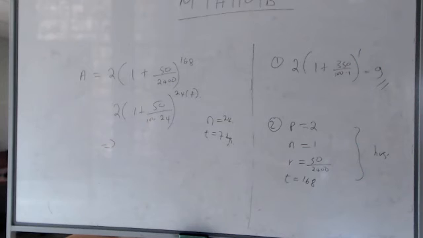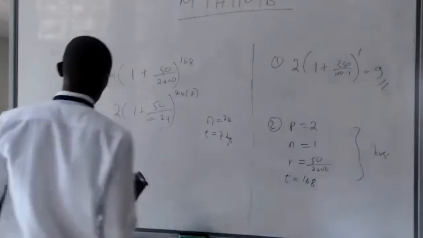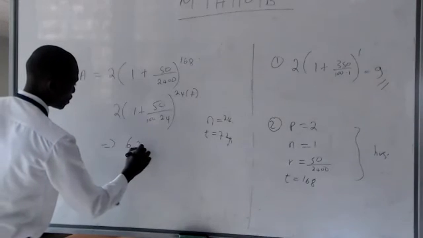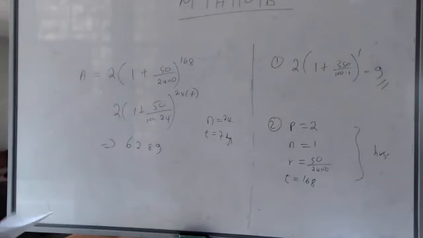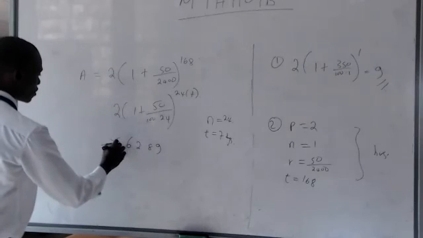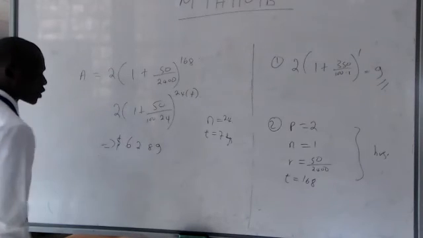Hello. 63.89. What? 63.89. 62.89. You're getting 62.89 now. 63.